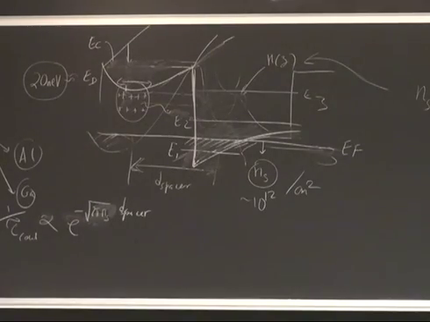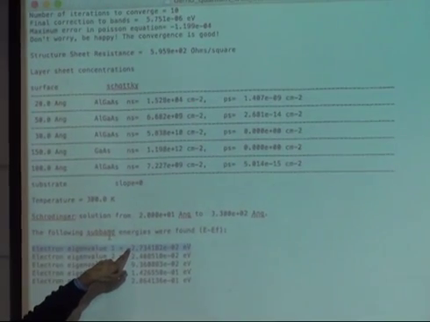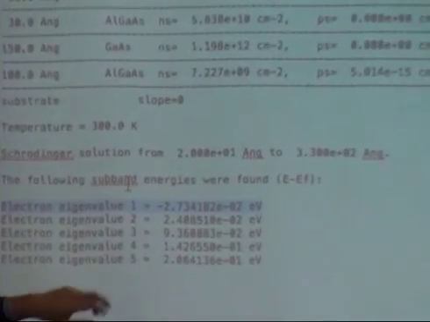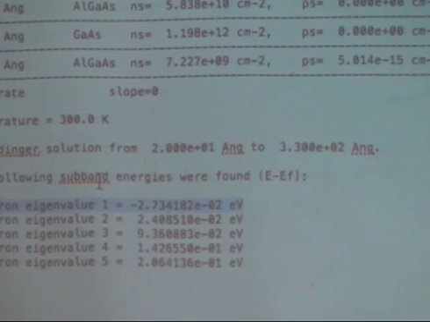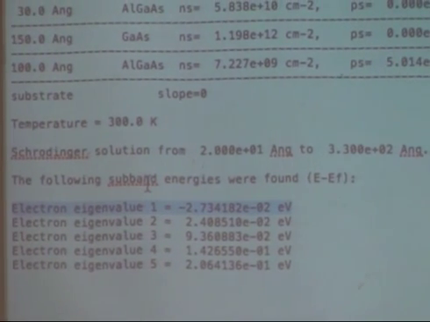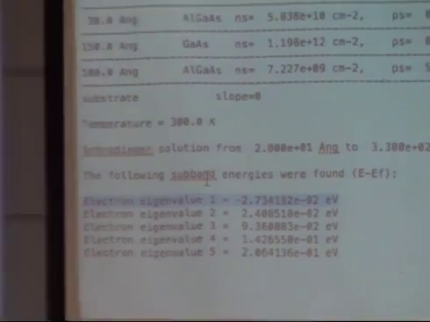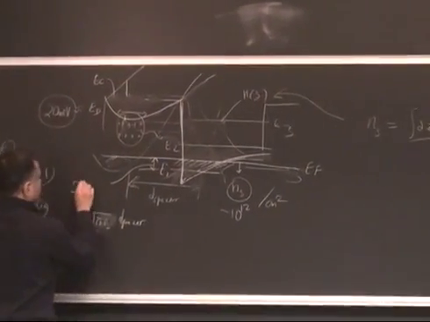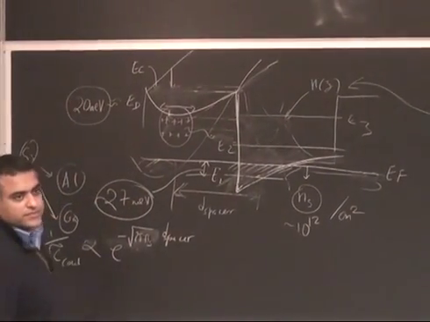The following subband energies were found: E minus EF, and when E is below EF, it's negative. How deep is it under EF? It's about 27 milli eV. This thing here is roughly 27 millielectron volts. That's what we get for this problem.